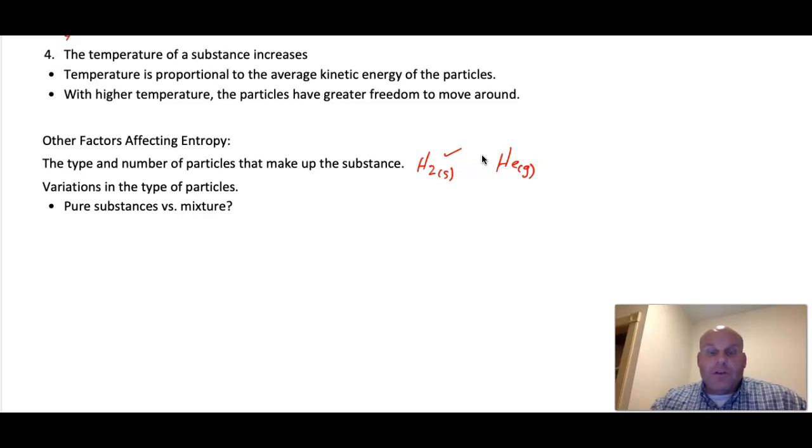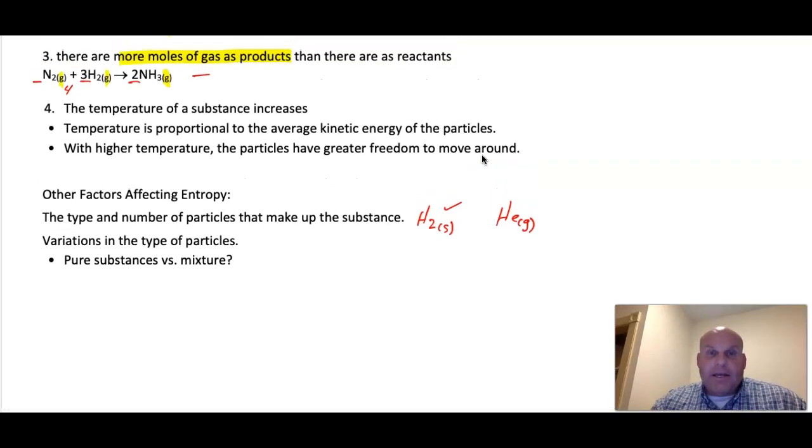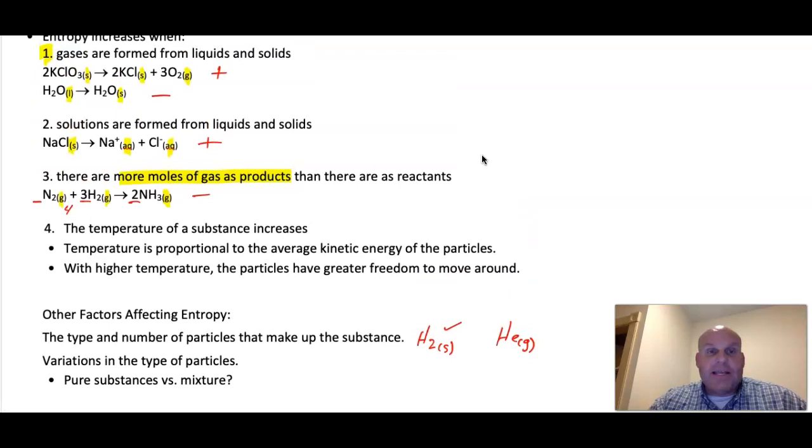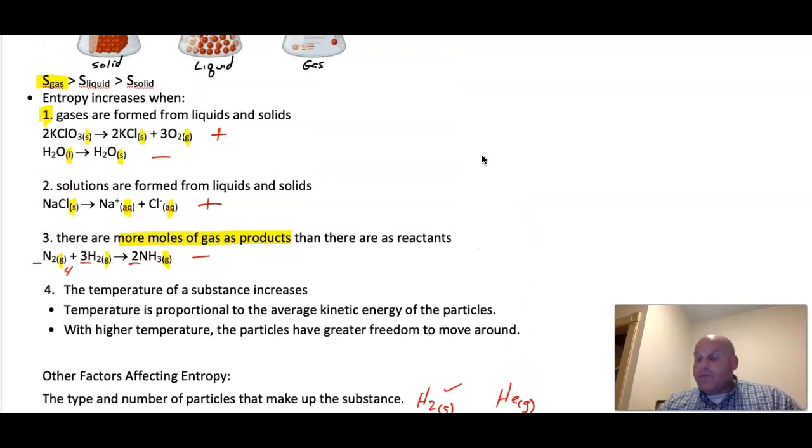So our next task here in working towards prediction of whether a process is spontaneous is to be able to look at a reaction like the ones listed here and predict what the sign of the delta S would be.